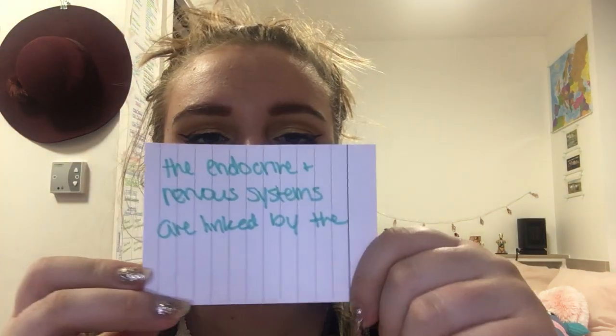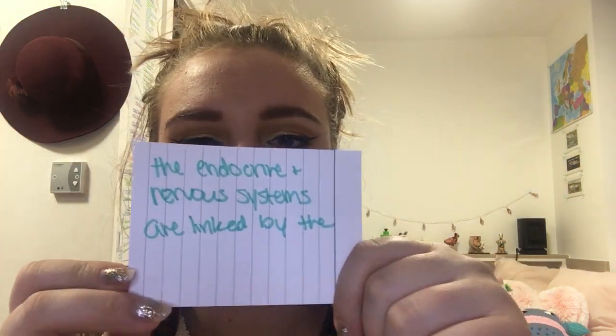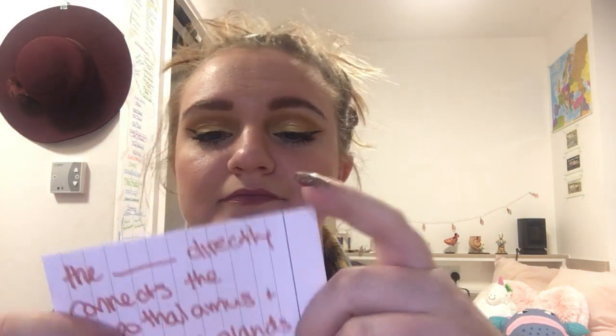The endocrine and nervous systems are linked by, we did talk about this a little bit earlier, see if we remember. What links them? The hypothalamus up in your brain. The hypophyseal portal system directly connects the hypothalamus and pituitary glands.